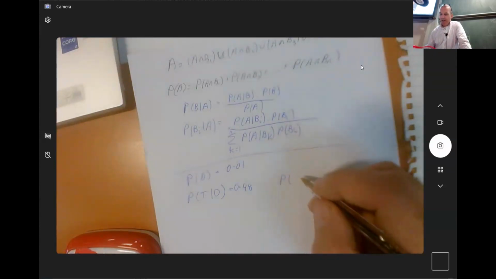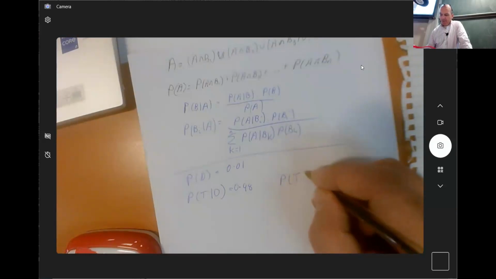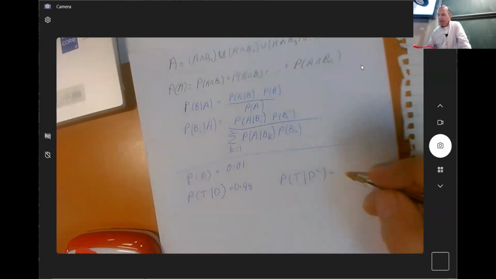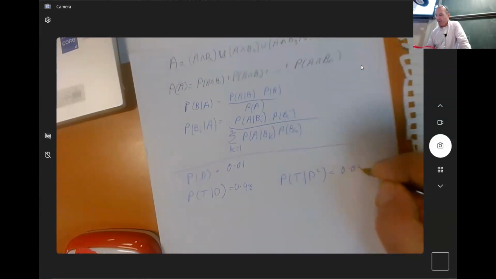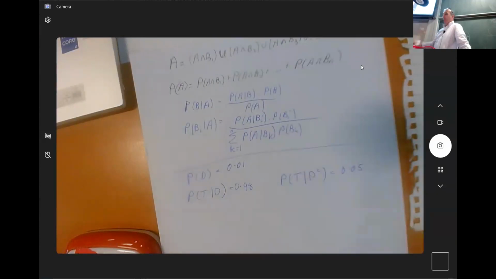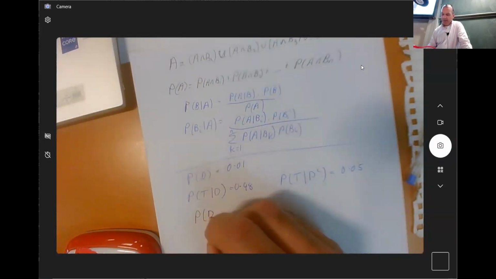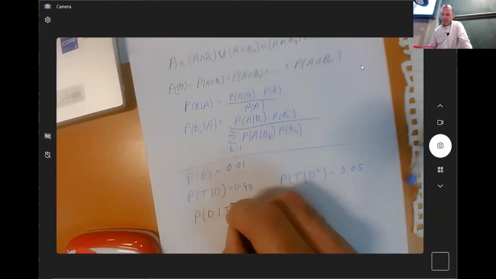Probability I test positive, given I don't have the disease, is that thing that can be quite low. Let's say that's 5%, so 0.05. The thing I want to know is the probability of having the disease given I tested positive.